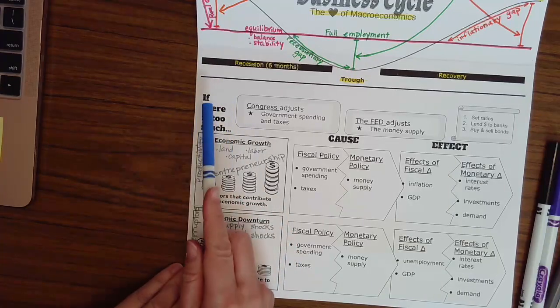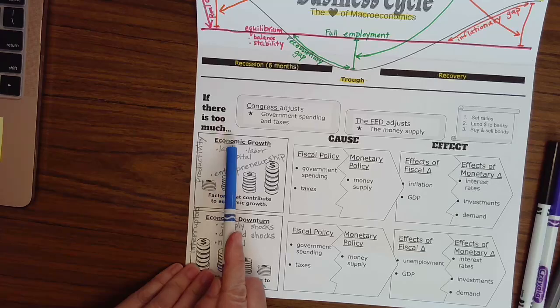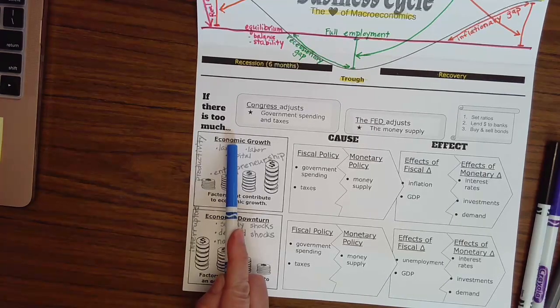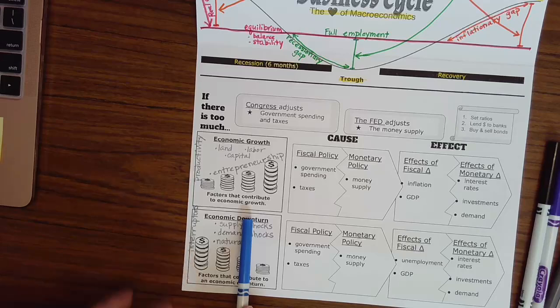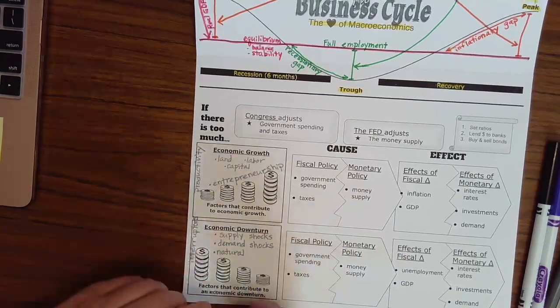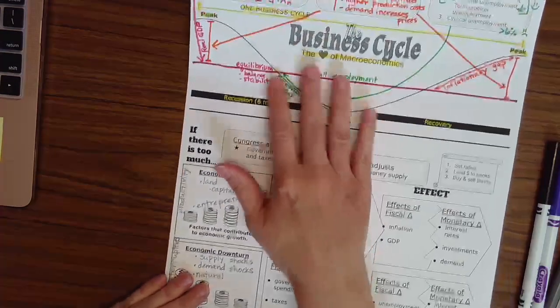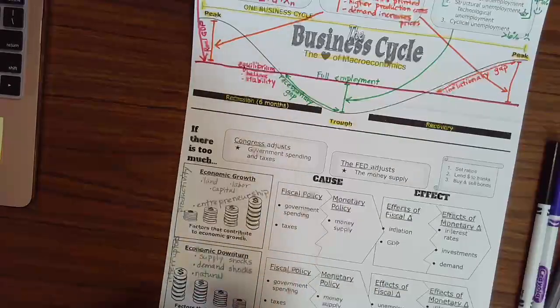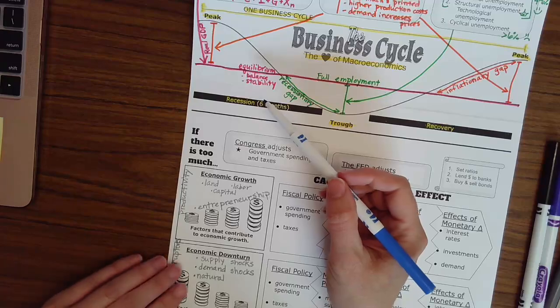I added the words, if there is too much, because sometimes there is too much economic growth and we don't want to move into hyperinflation. Or if there is too much economic downturn, then we're going to have some problems that can happen, and the government has a response that they need to do. So we're going to look at how they can change the business cycle here. What are the factors that can influence that business cycle, positively or negatively?